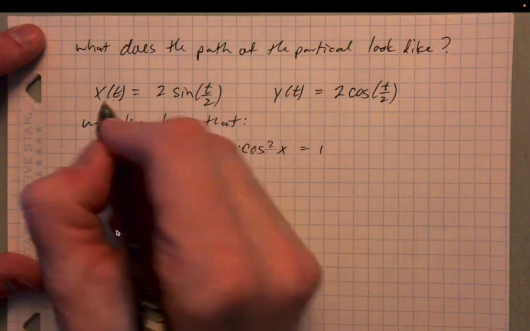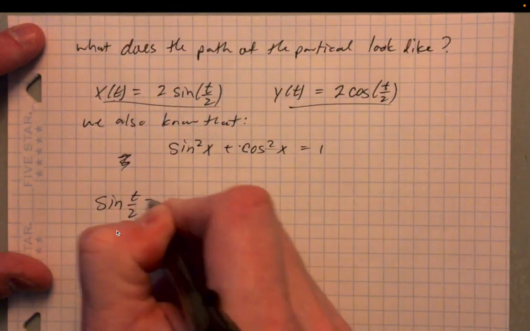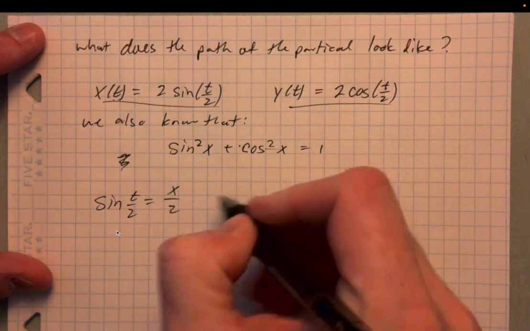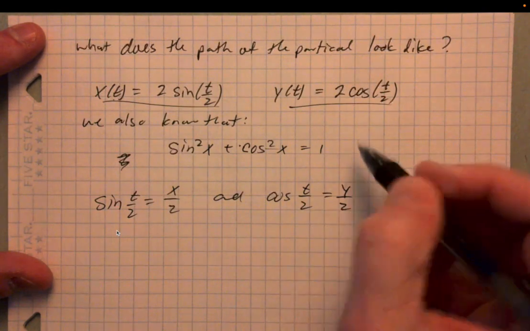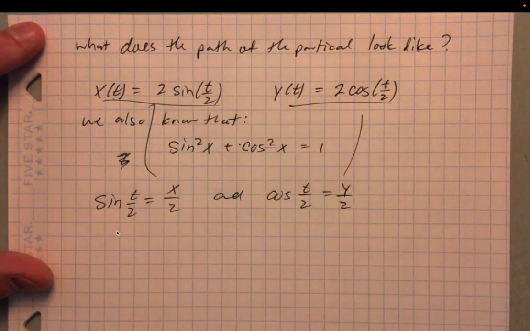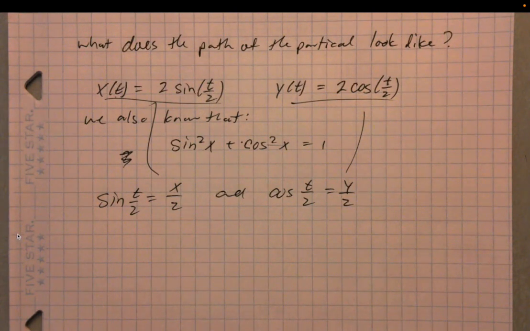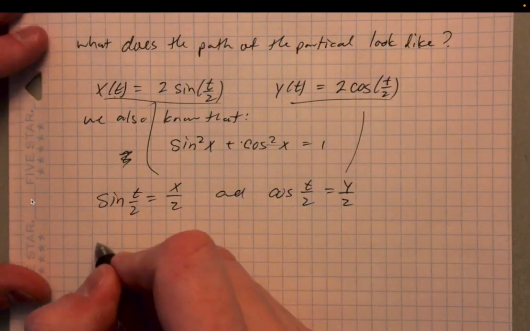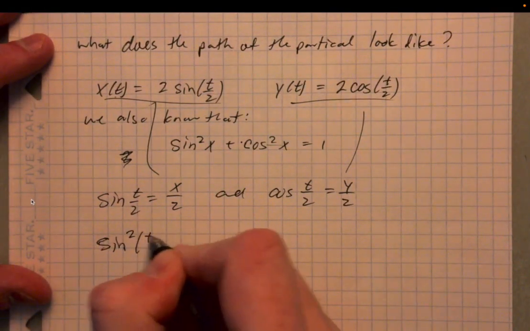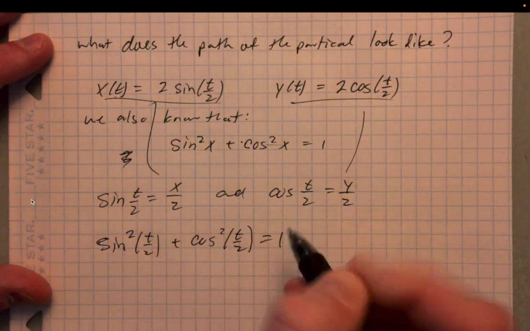What we can do is say sine of t over 2 is equal to x over 2, and cosine of t over 2 is equal to y over 2, just dividing both sides by 2. Given that, we know that sine squared of t over 2 plus cos squared of t over 2 equals 1.